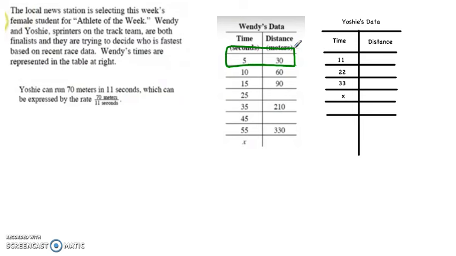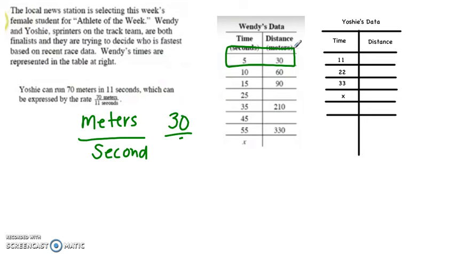And again, I want to find out meters per 1 second. So Wendy went 30 meters per 5 seconds. When I divide 30 divided by 5, I get 6 meters per 1 second, which is the unit rate that I want to use so that I can compare how fast she goes compared to Yoshi.